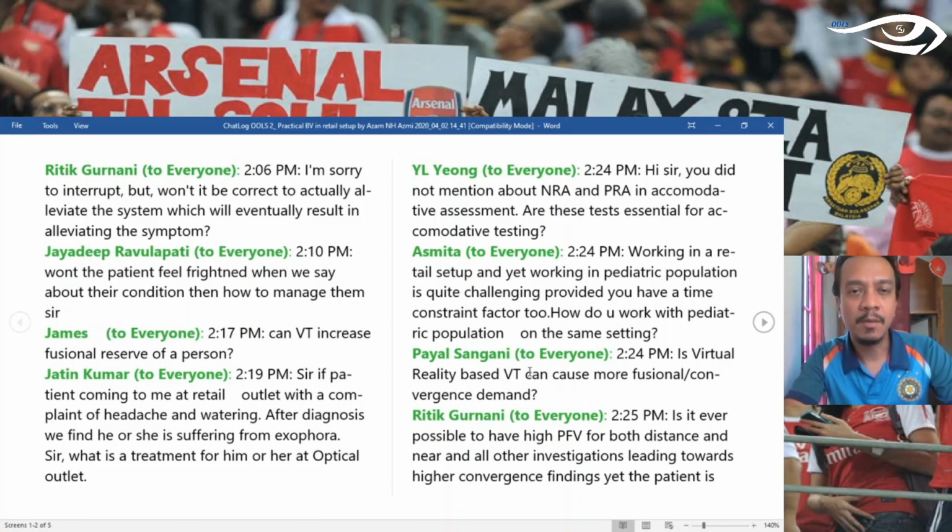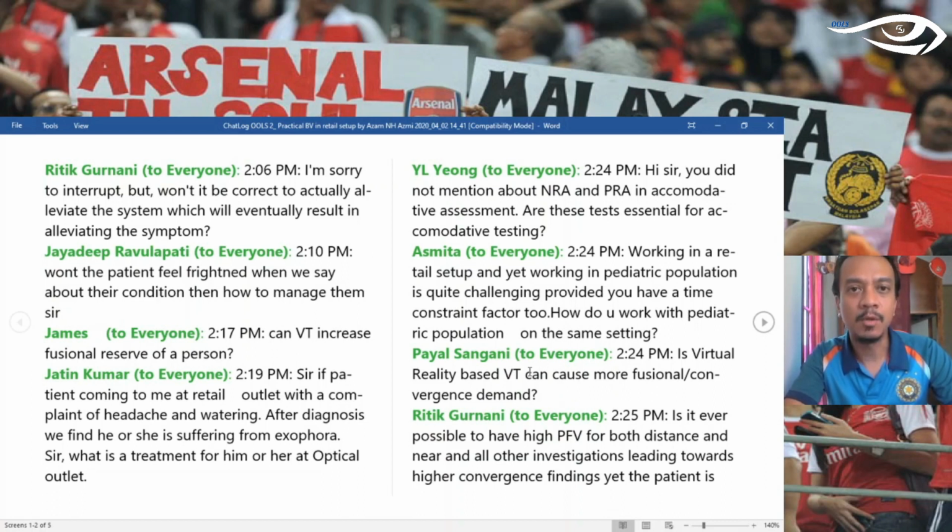Whatever you are prescribing, whether it's going to be added lenses or prisms, is meant to alleviate the symptom temporarily. And the added lenses and prisms are meant to be worn only for a short period of time to alleviate the symptom, but not going to improve the system of the patient.